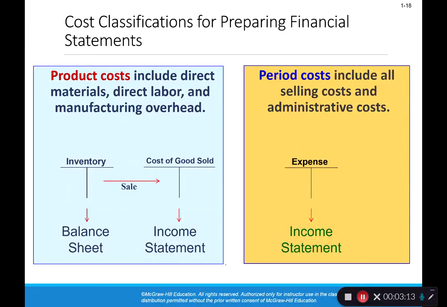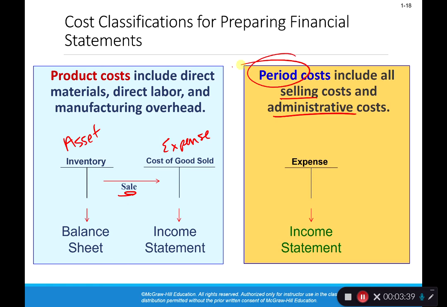So the product costs, direct materials, direct labor, and overhead, first become inventory, which is an asset on our balance sheet, and then only when we sell it does it become an expense known as cost of goods sold on our income statement. The period costs, which are those selling and administrative costs we had mentioned in part 1, really become expensed right away in the period in which they're used.